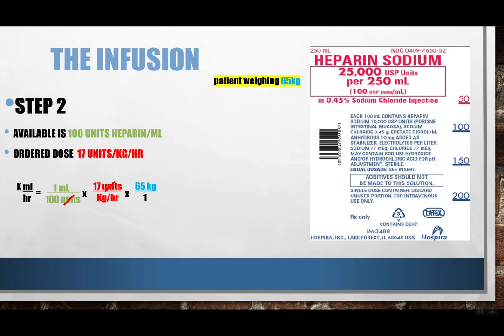And now I have kilograms per hour on the bottom. I need to cancel out the kilograms, so I would use the patient's weight, which is up there at 65 kilograms. Once I put that there, it cancels that. Now I have mils on top and hours on the bottom, which is what I need to continue and finish the equation. 11.05 or 11 mils per hour to actually give the infusion.